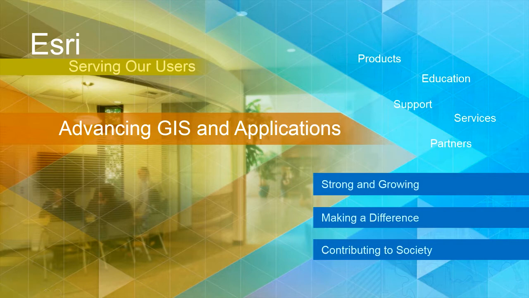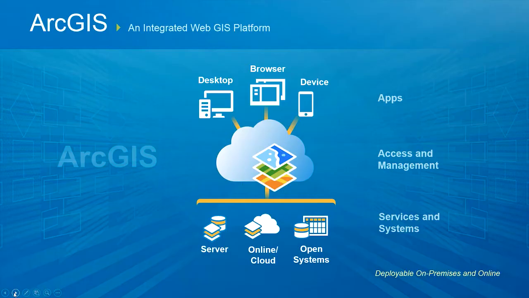We're a strong and growing company, and we've really focused on making a difference and contributing to society. Our product is called ArcGIS, a foundational GIS platform that enables anyone to use digital maps and spatial analysis to answer questions.